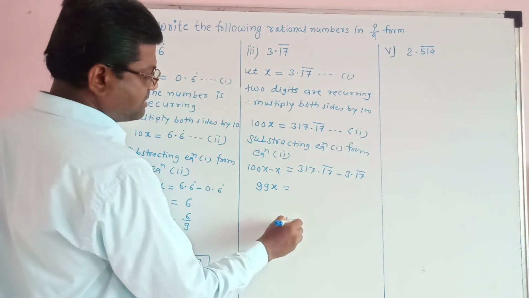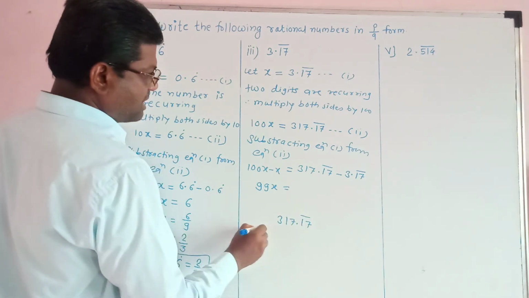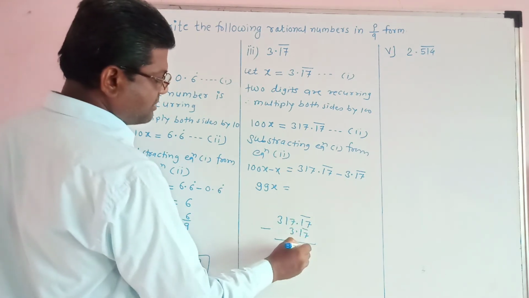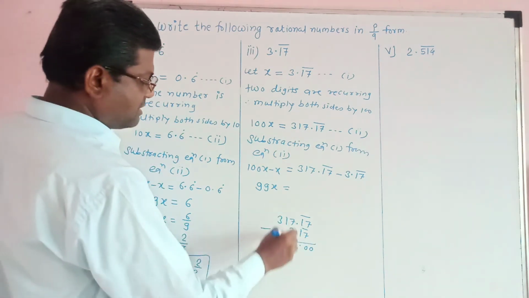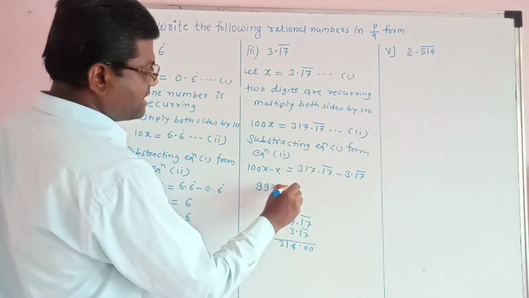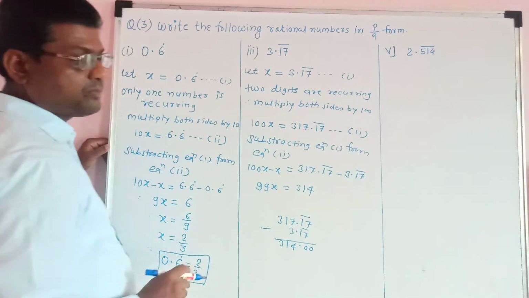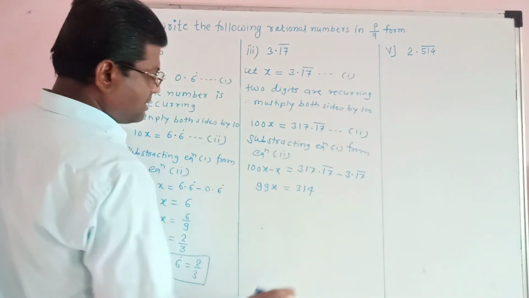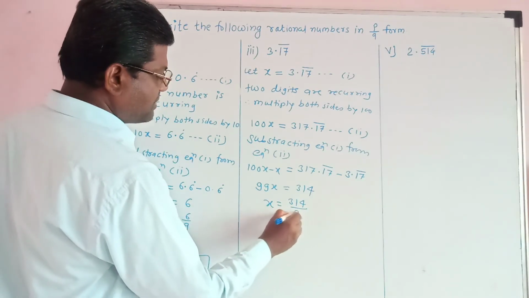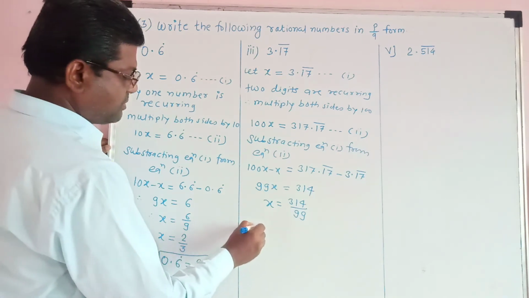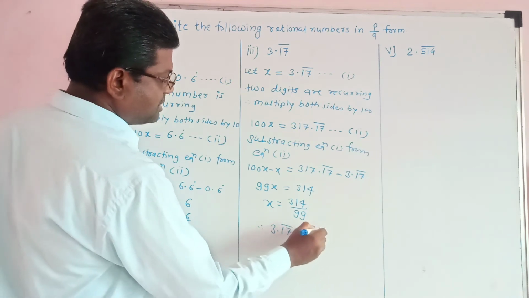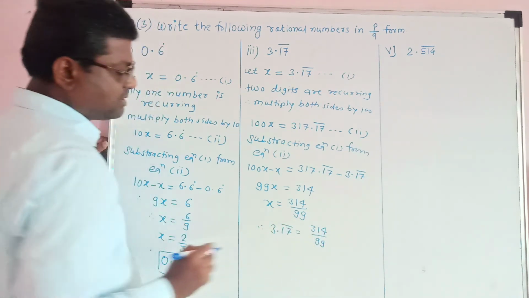Now 317.17 bar minus 3.17 bar: the 17 bar will get cancelled. This will be 314. Therefore 99x is equal to 314. Therefore x is equal to 314 upon 99. Therefore 3.17 bar is equal to 314 upon 99.